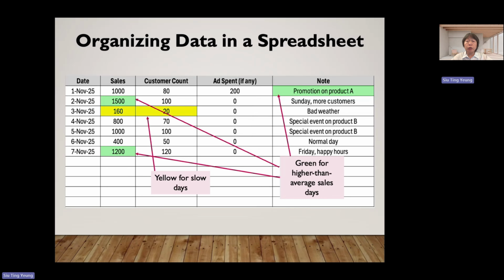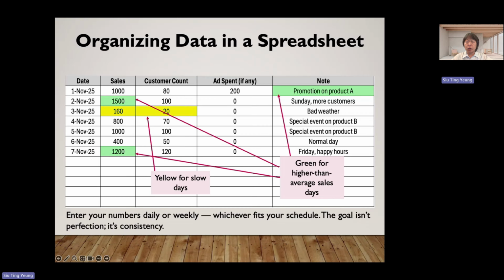So what you need to do is just enter your numbers daily or weekly, whichever fits your schedule, so you instantly see trends. The goal is not perfection, it is consistency, right?